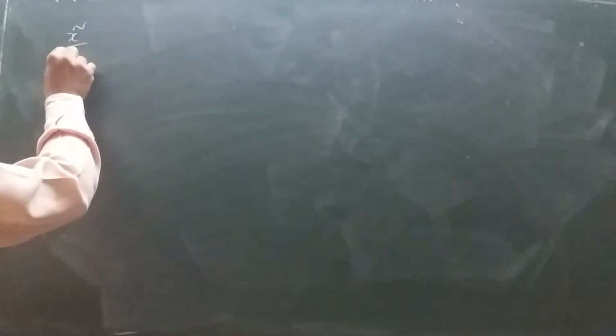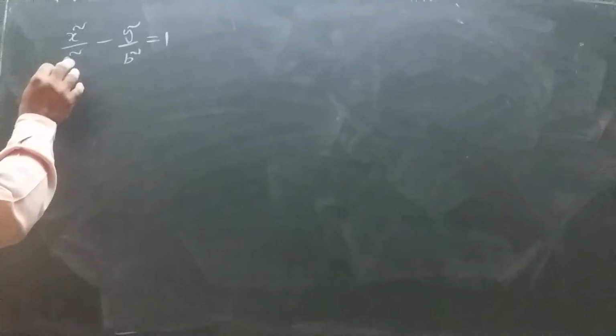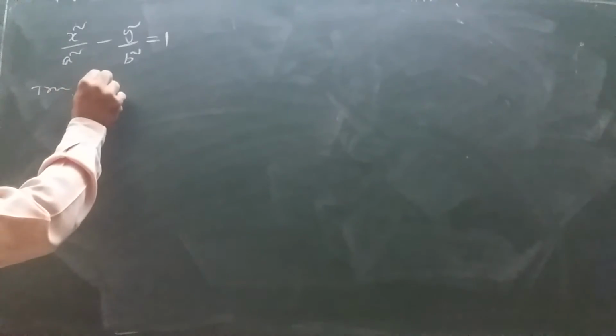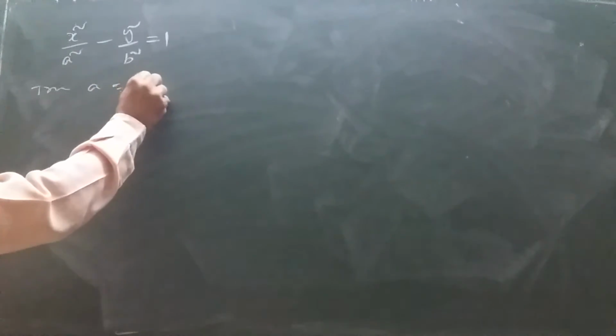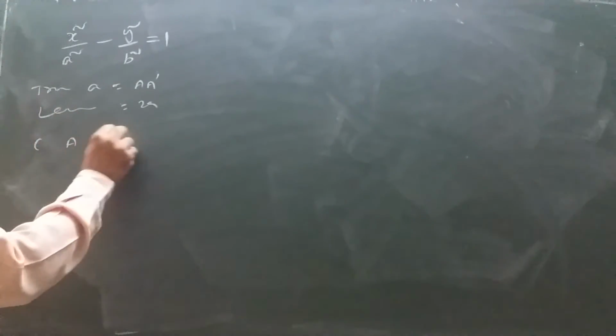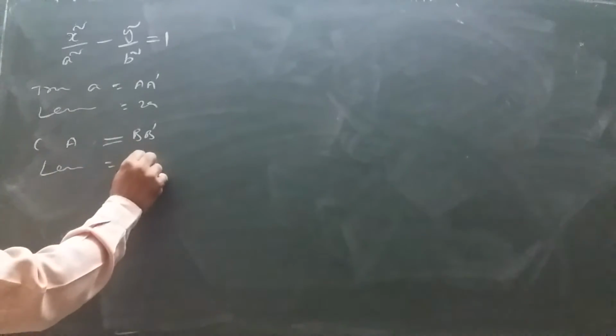If there is a hyperbola x square by a square minus y square by b square is equal to 1, in this the length of the transverse axis AA dash is equal to 2a. The conjugate axis is BB dash, and its length is equal to 2b.